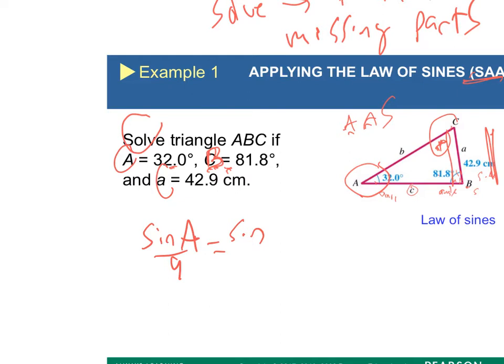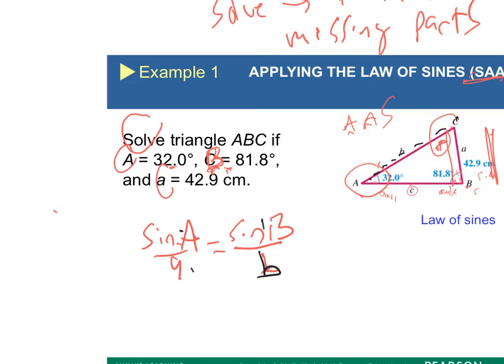So what angle do I have besides A? Well, in this case, I'm calling it B. Sine of B I have, which means I'll be able to solve this for B that I don't have.